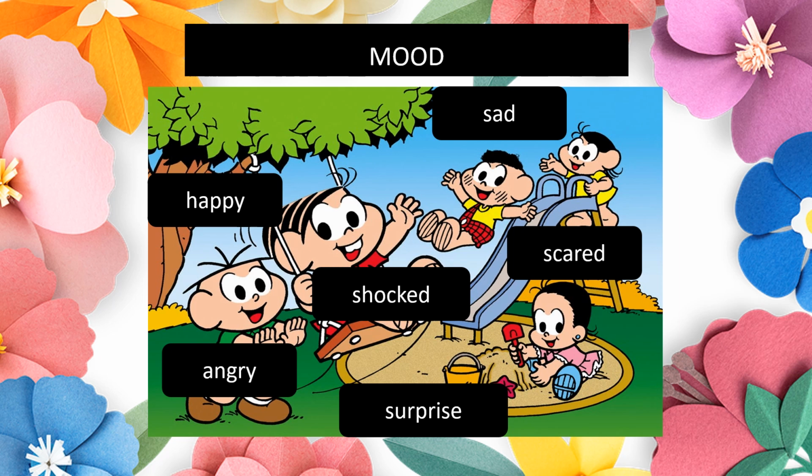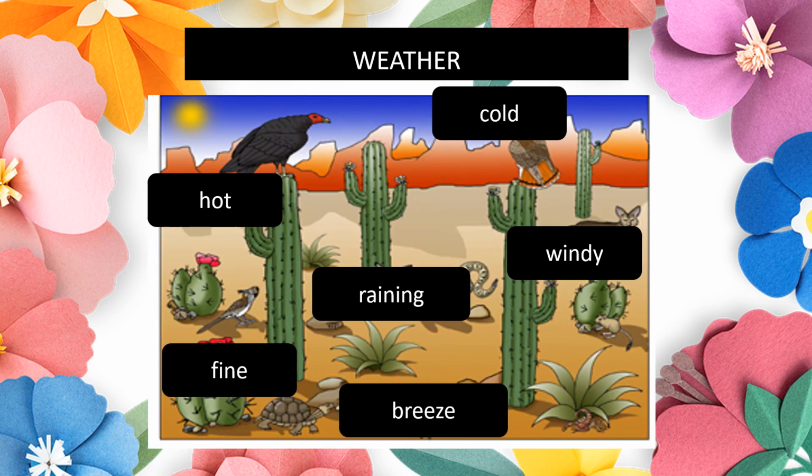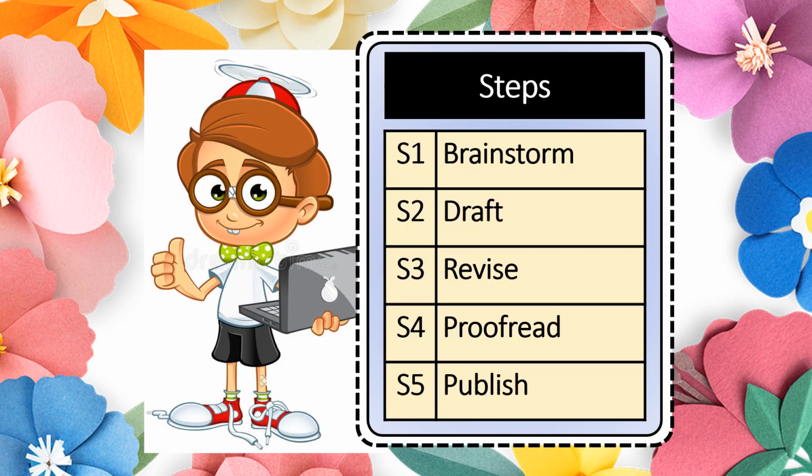For example, sad, happy, shocked, scared, angry, or surprised. And we can also talk about the weather with, for example, cold, hot, fine, raining, windy, or breeze. So mood and weather will build the plot of our story.